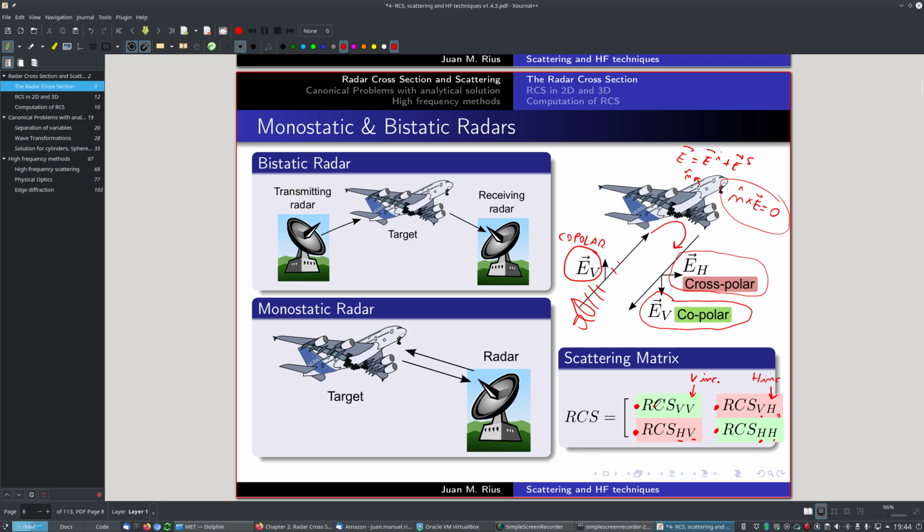The rows correspond to vertical or horizontal scattered field or scattered power, and the columns correspond to vertical or horizontal incident power. Of course, it is obvious that we can obtain the scattered power in vertical and horizontal polarizations if we multiply the scattering matrix times the incident power density in horizontal and vertical polarizations. This is the use of this scattering matrix.